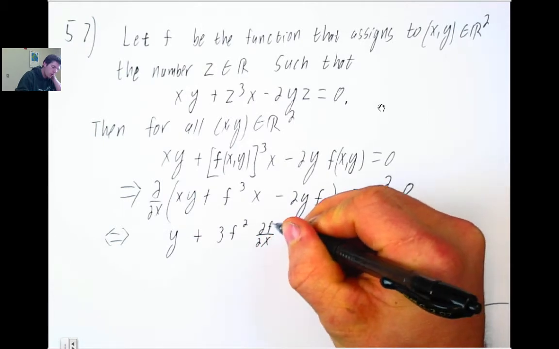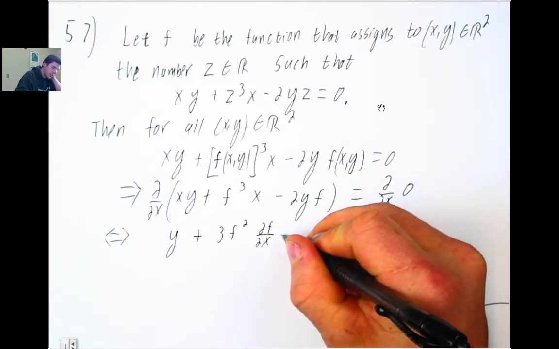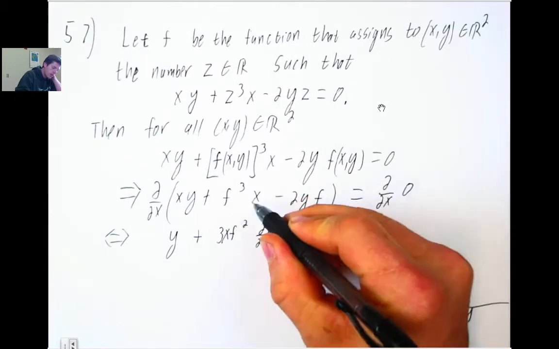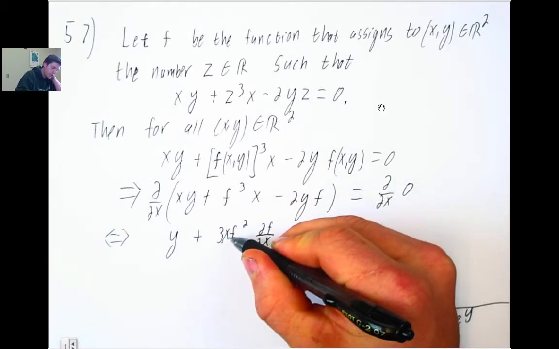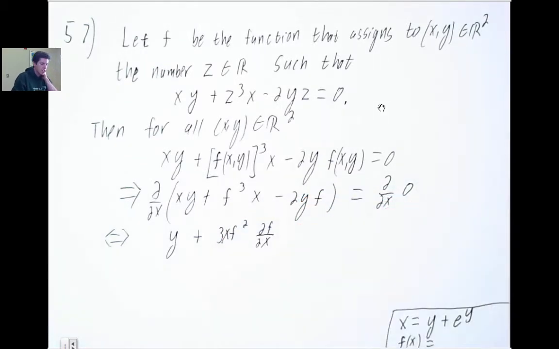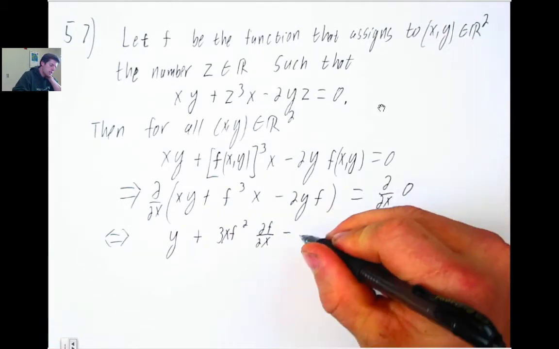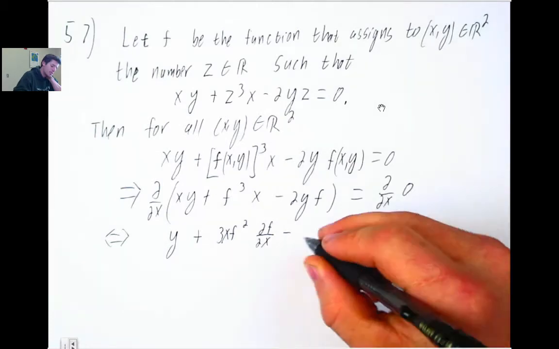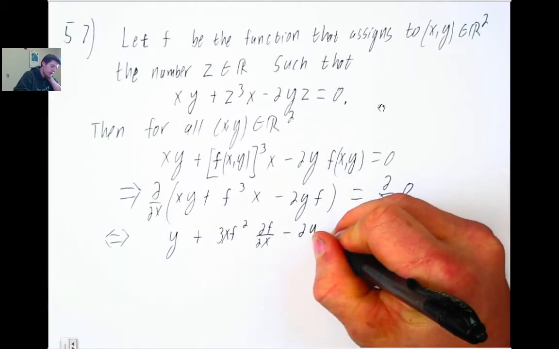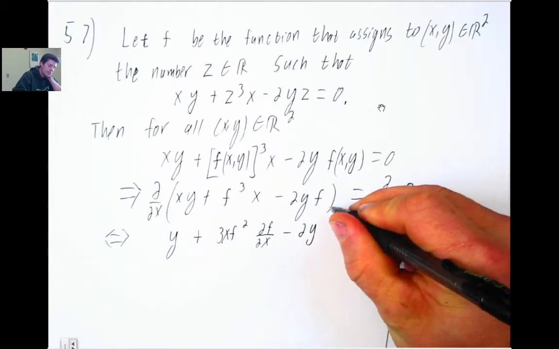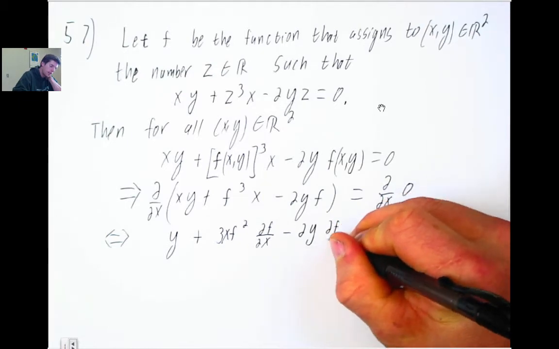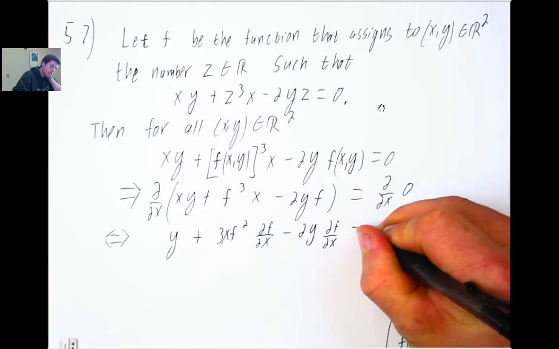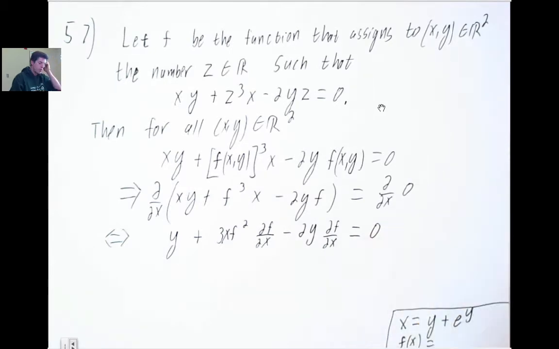That's simply the chain rule, and I still need to multiply by x. I'm just going to put that over here, that x that I'm multiplying by on the left side, so that df dx is nicely isolated. Minus 2y, when I'm taking a derivative with respect to x, 2y is a constant, and then of course the derivative with respect to x of f, I should call df dx. And that's 0 over there.